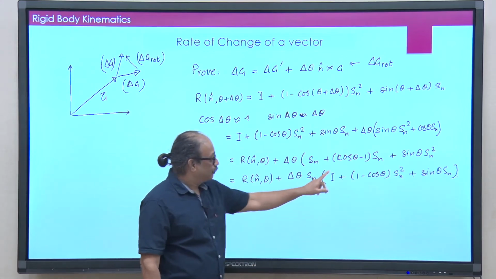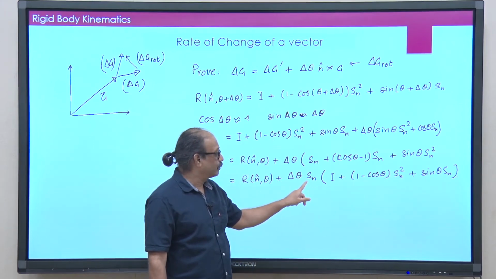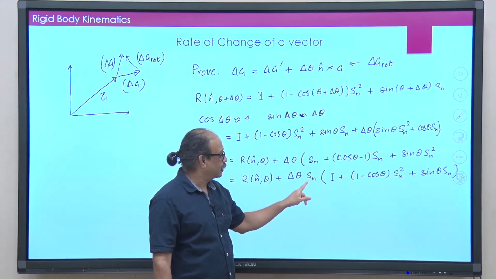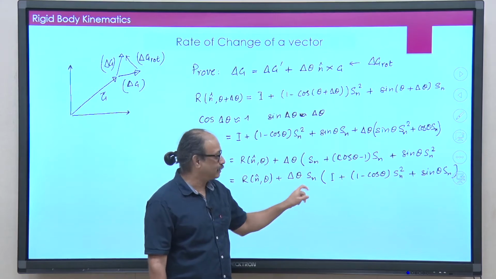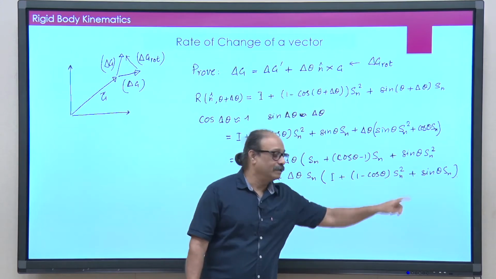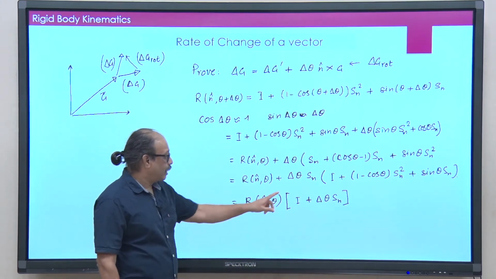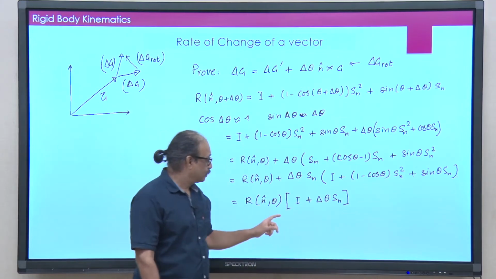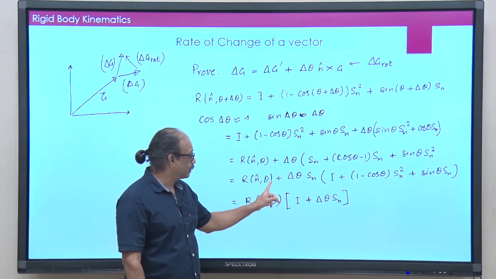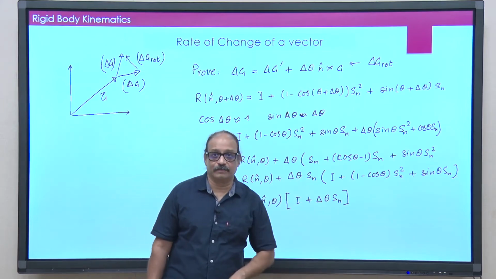and if I do that, out of that minus Sn cube, I will take one Sn out of the bracket. This Sn also goes out, leaving behind one identity matrix there and one Sn from here. And again you can see that this one is nothing but R n cap theta. So, I will take that R n cap theta outside the bracket, leaving inside the identity from here, delta theta times Sn from here.